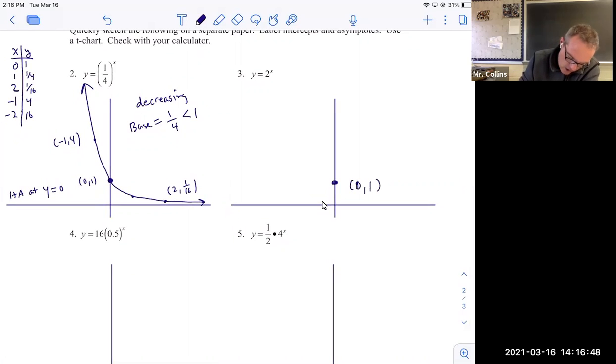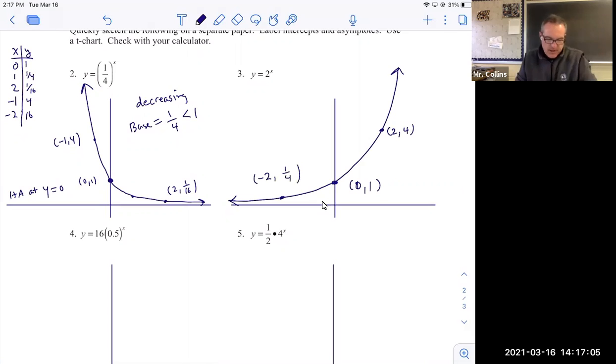Again, it hit (0, 1), horizontal asymptote at 0, and I'm not going to put a lot of work into this one, right? 2 squared would give you 4, and I guess 2 to the -2 would give 1/4, right? And of course, the base here is 2. All I care is that it's bigger than 1, so this is why this is an increasing graph.